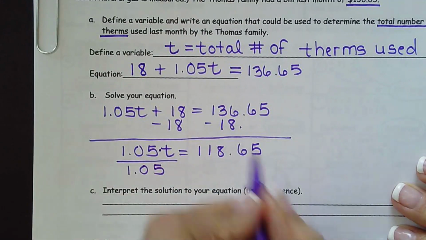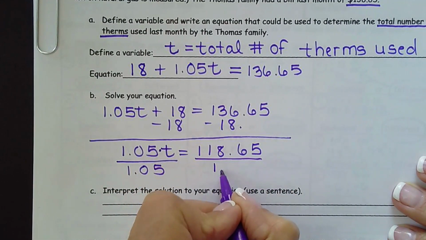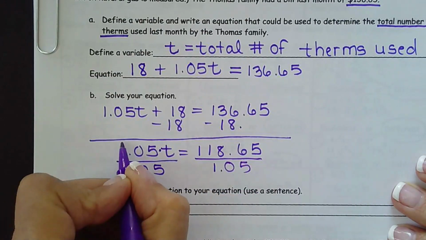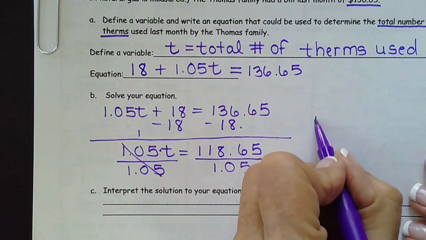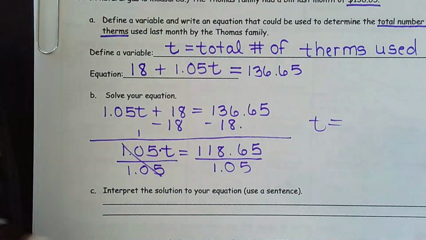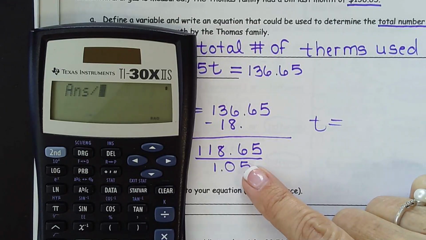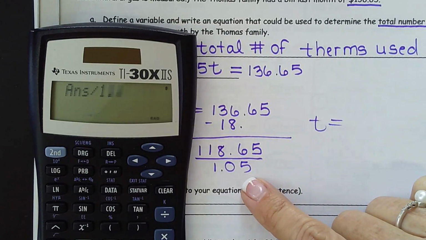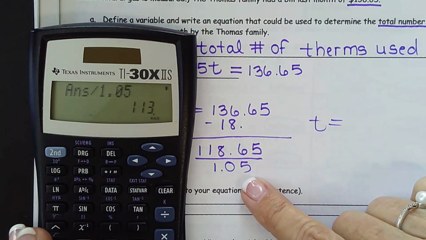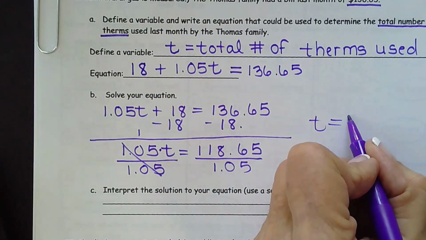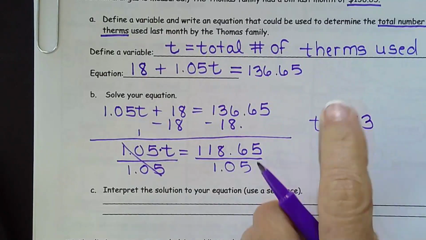So the opposite of times $1.05 is divide by $1.05. So that's gone, and we get T equals 118.65, which is already there, so just hit divided by $1.05. 113, and then I look up and say, what is T?